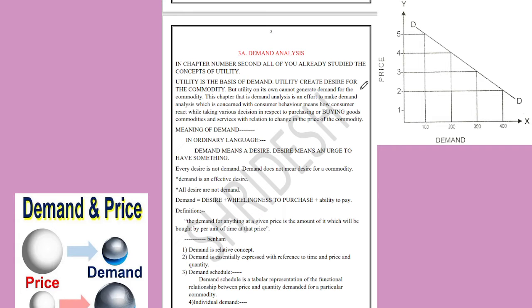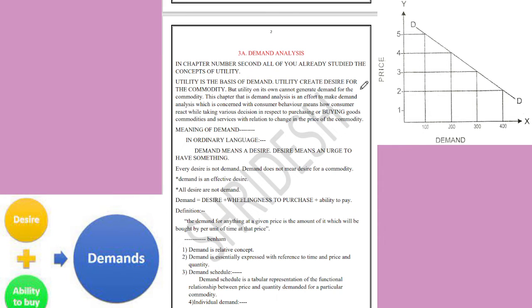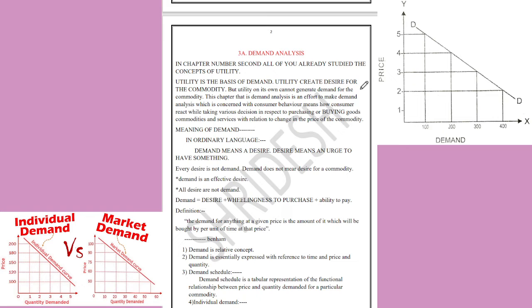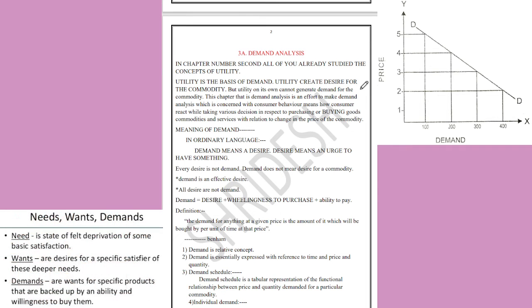So the next part is the definition of demand. The demand for anything, meaning any commodity, any goods, any services, at a given price, that is the price prevailing in the market, and the amount of it, that is the quantity demanded of that particular commodity, which will be bought per unit of time at the given price.